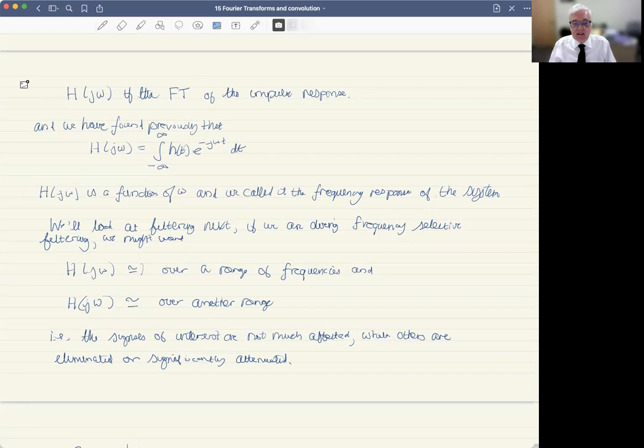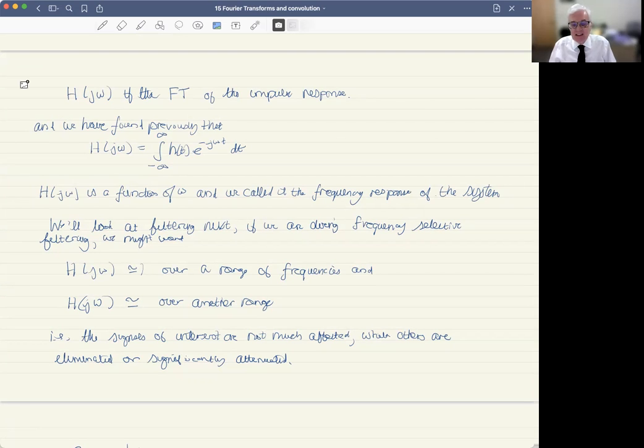So filtering is what we're actually going to be applying this to. And one of the things to know about filtering is that typically we are going to look at frequency selective filters, where we want the frequency response to be approximately equal to 1 over a range of frequencies that we're interested in, and we'd like it to be 0 over another range.